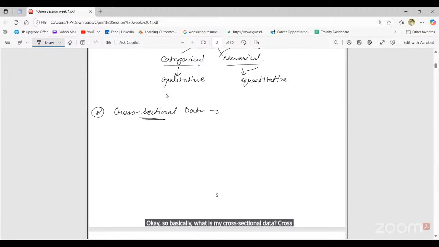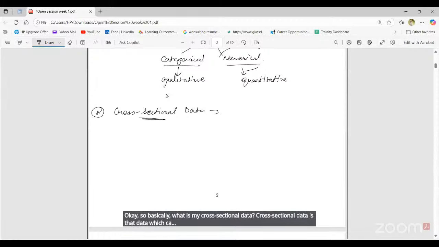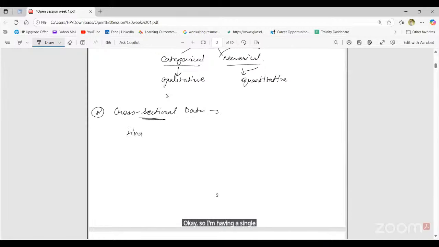So basically, what is cross-sectional data? Cross-sectional data captures the data at a single point of time across multiple subjects.